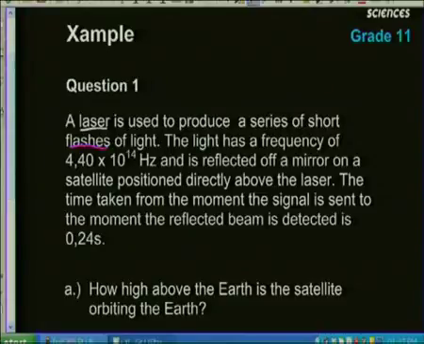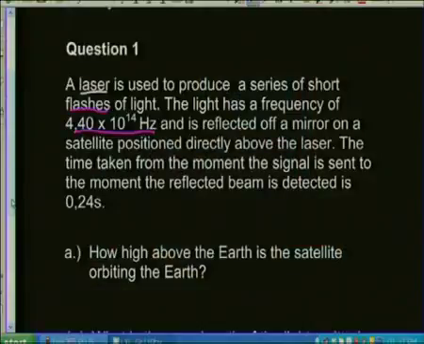The light has a frequency of 4,40 times 10 to the 14 hertz. So that's a fairly low frequency when it comes to light. Lasers can have much higher frequencies of the order of 8 times 10 to the 14. But the lasers that we're looking at here are on the lower end of the spectrum, probably a red sort of colored spectrum, although that's not required.